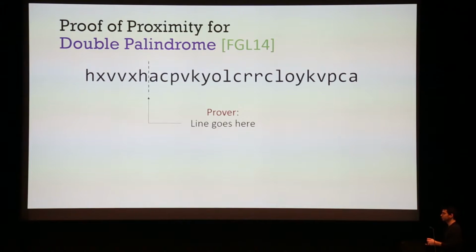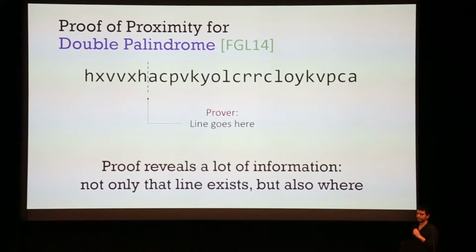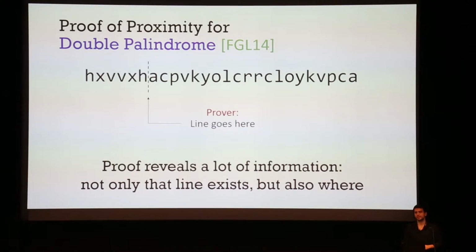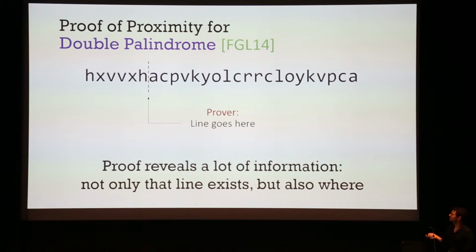But I want to point out that this proof has one big disadvantage: it reveals a lot of information about the input. Specifically, it reveals not only that the line exists, but actually where it is. And even more, now our very slow verifier, who couldn't decide by himself if this is a double palindrome or not, can go and prove to other very weak verifiers that this is actually a double palindrome.